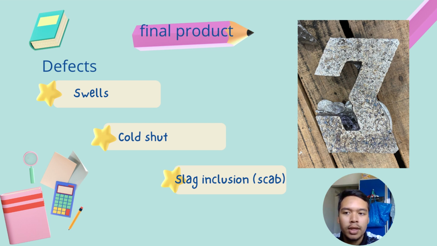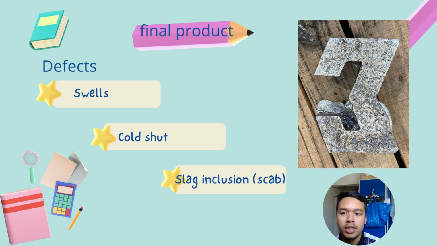The second defect is cold shut. Cold shut is a type of surface defect. We will see a line or a crack with a round edge on the casting surface of our product. This defect is visible to the naked eye and often results in rejecting the cast as it creates a weak spot.